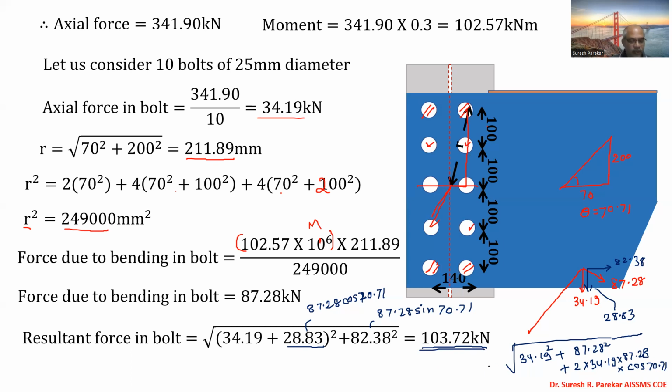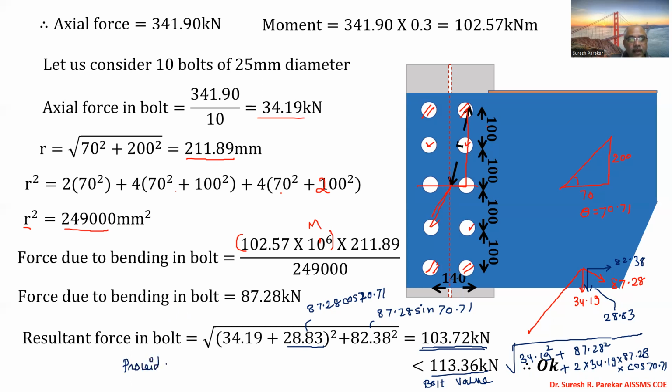The root of this is 103.72. This value is less than 113.36 kilonewton, which is my bolt value. The bolt value is not going to change, and therefore our requirement is satisfied, and we will provide 10 bolts.